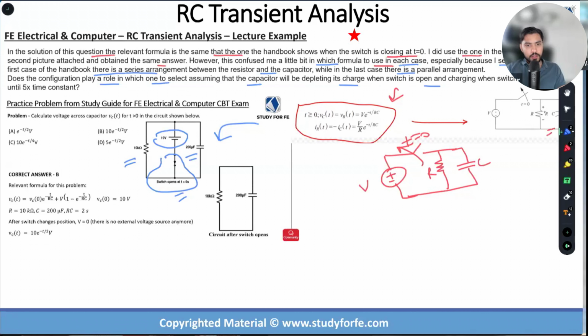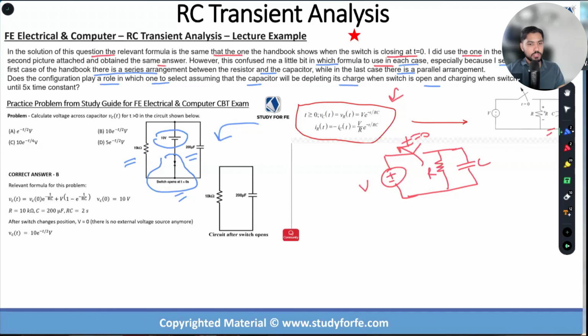Now, without even lifting your pen, can you guys tell me that as it stands right now with the switch closed, how much voltage is being applied across the 200 microfarad cap?